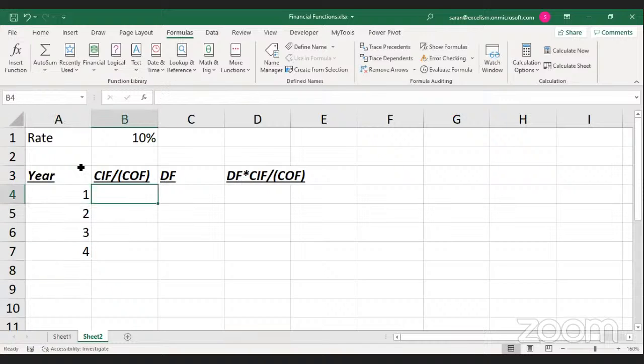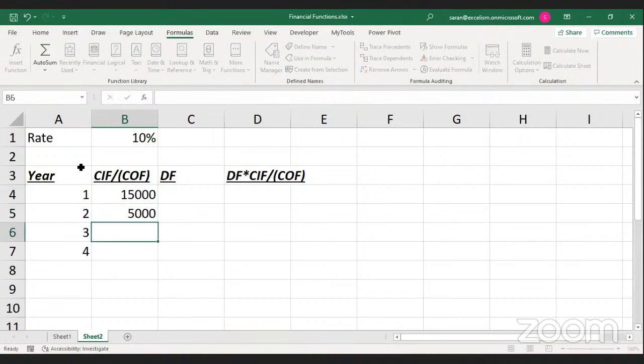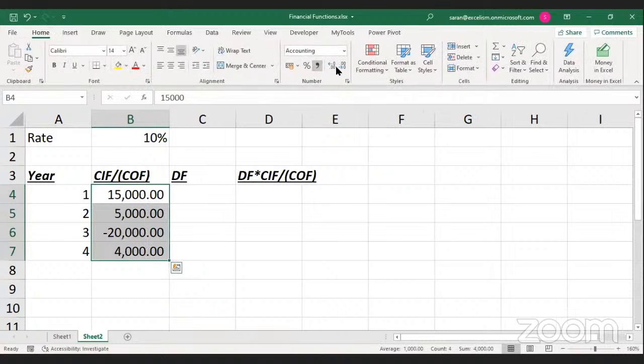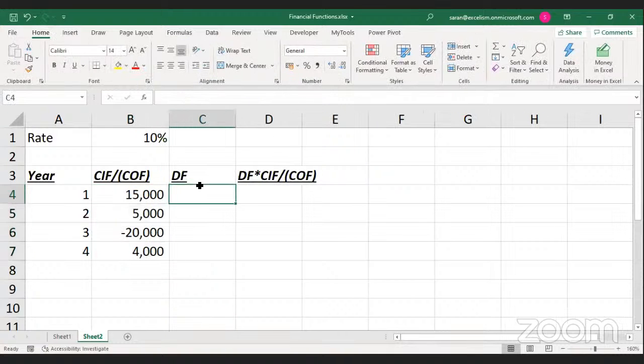The cash inflow after 1 year is 15,000, then 5,000, then minus 20,000, then 4,000. Then I want to have the discounting factor. As you all know, the discounting factor is nothing but the present value of 1 rupee.